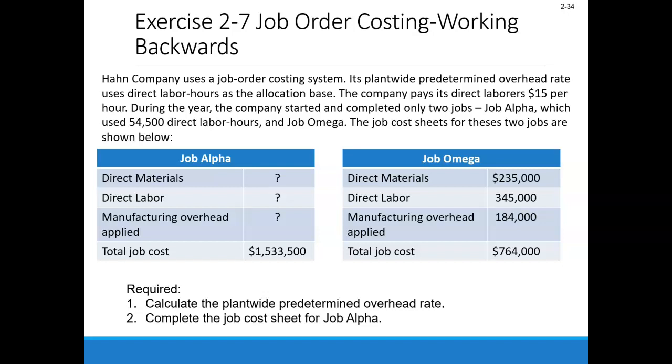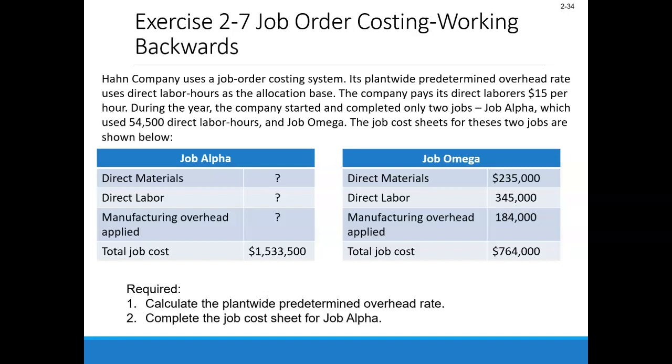So basically, it gives us all the information for Job Omega, but we have to fill in the information for Job Alpha. The first thing we have to do is determine the plant-wide predetermined overhead rate.